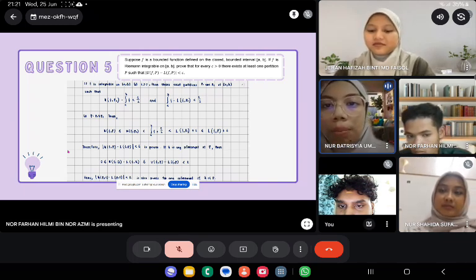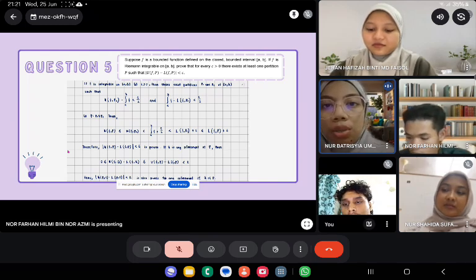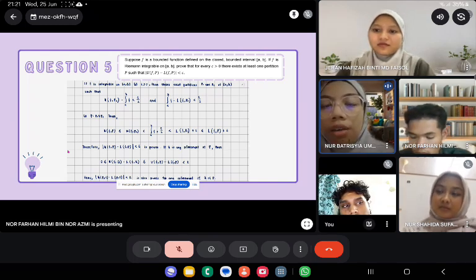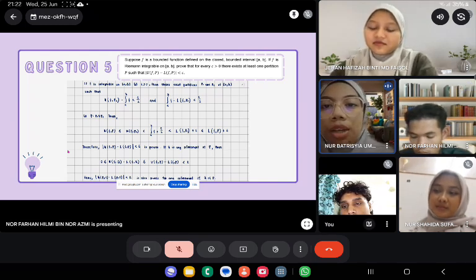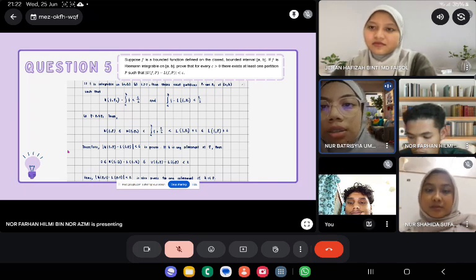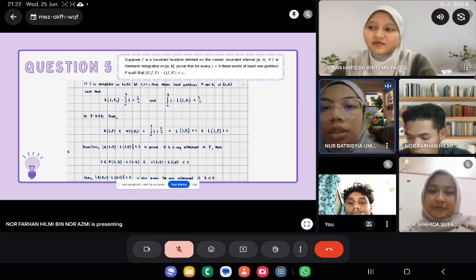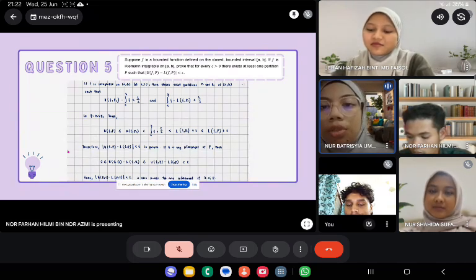So now we let P equal P1 union P2. Then we will have U(f, P) less than or equal to U(f, P2), less than the integral of f plus epsilon over 2, less than L(f, P1) plus epsilon, less than or equal to L(f, P) plus epsilon. Therefore, it shows that U(f, P) minus L(f, P) is less than epsilon, which is proved.